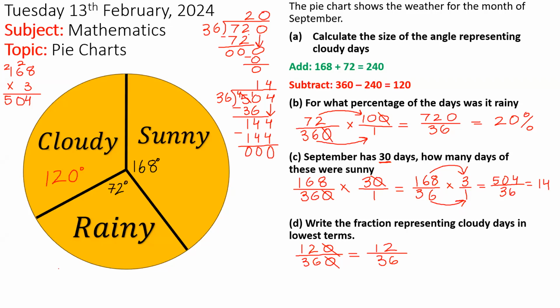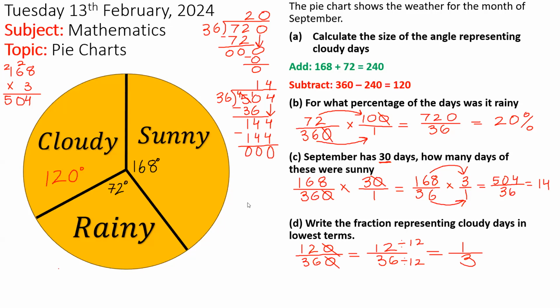So we divide the top by 12, 12 divided by 12 is 1. And we divide the bottom by 12. 36 divided by 12 is what? 3. So the answer is going to be 1 over 3. Samantha, explain how we got 1 over 3.